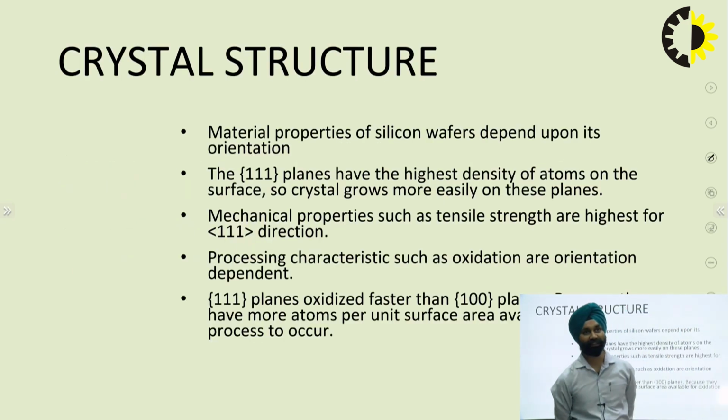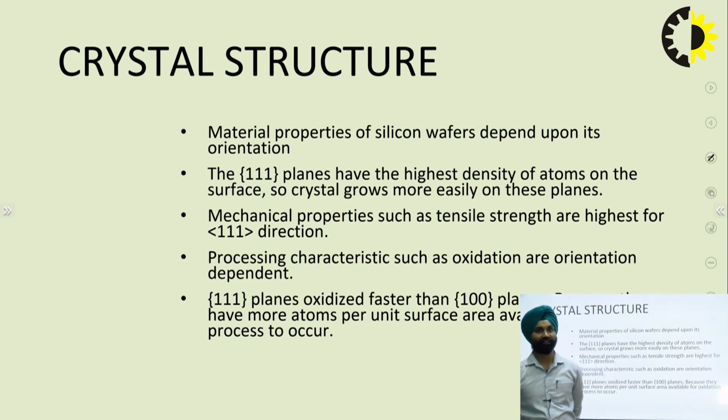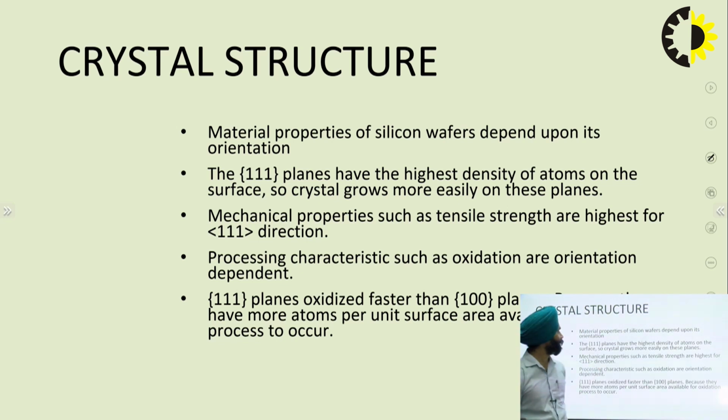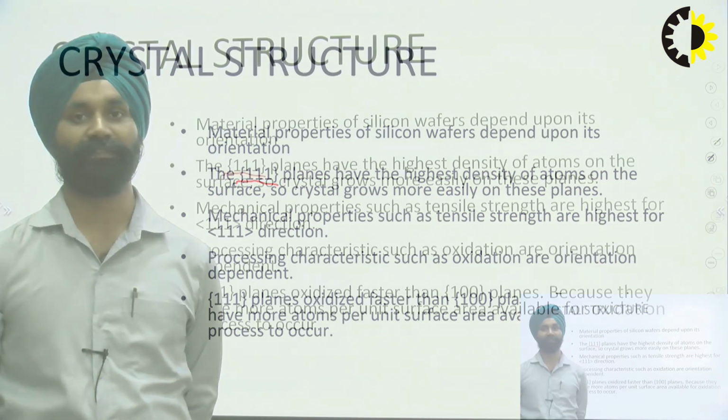If we say the crystal structure of a wafer, it is basically dependent upon the orientation of the Miller plane. If we have the one-one-one plane, with Miller index 1 1 1, that means it has the maximum surface atom density.